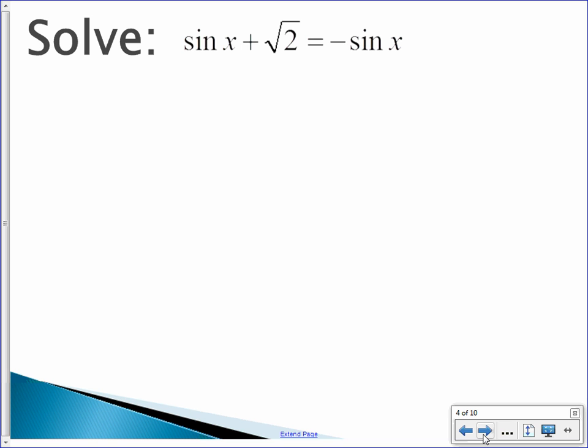It is linear, which means we need to isolate the trig function. I see more than one sine of x, so what should we do with that? We need to make it so that they're on the same side. So I'm going to add this sine of x over here. So we have 2 sine of x plus radical 2 equals 0.